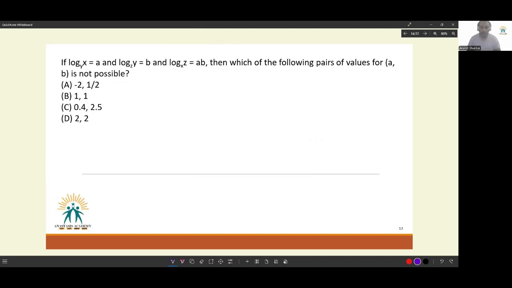Okay, let's look at this now. We've got log x to the base y is equal to a, and log y to the base z is equal to b, and log z to the base x is equal to a into b.